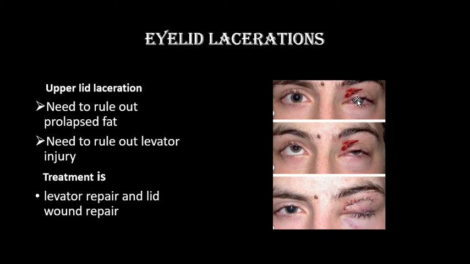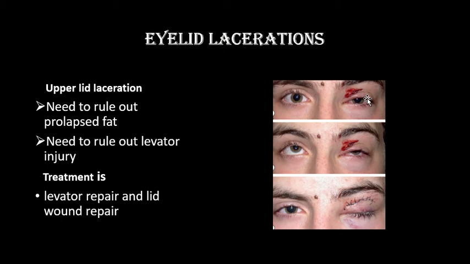It is now perforating the orbital septum. So when the septum is torn, the patient needs systemic antibiotics, because this can lead to traumatic orbital cellulitis.